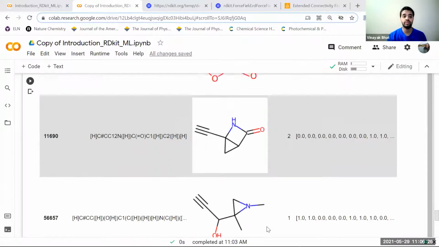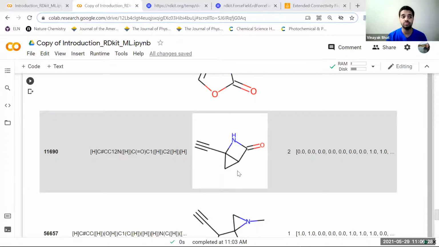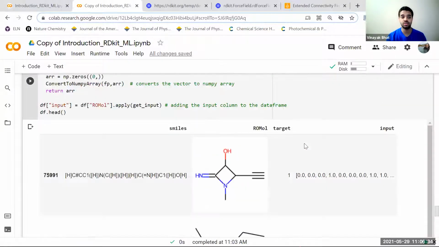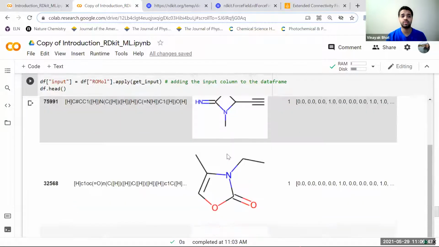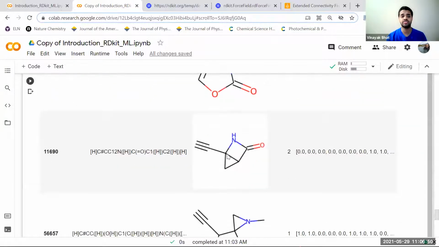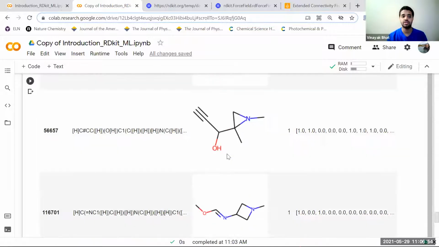So we are trying to predict how many rings are in the system given this representation. The input for the model is the fingerprint representation that we have created here, and the output that we expect is the number of rings you have in the system. This is a classification problem, so we'll have that many classes and try to classify into one of those.